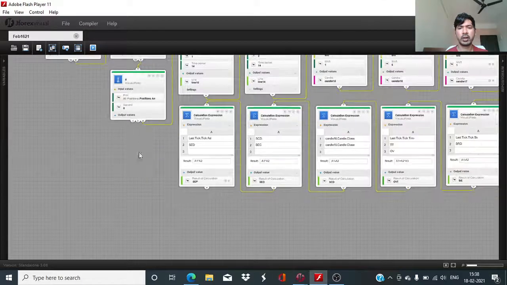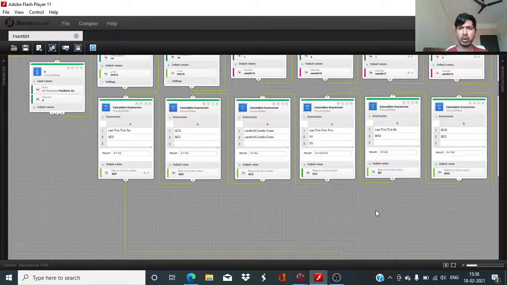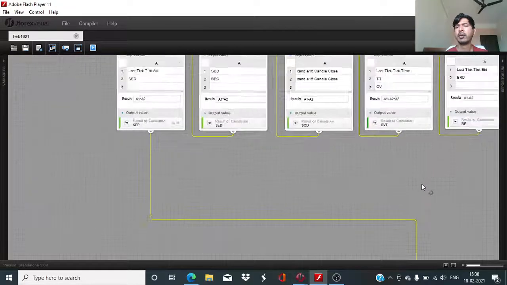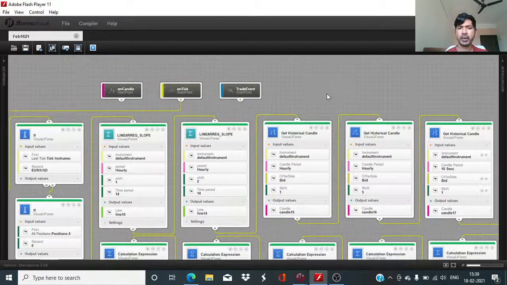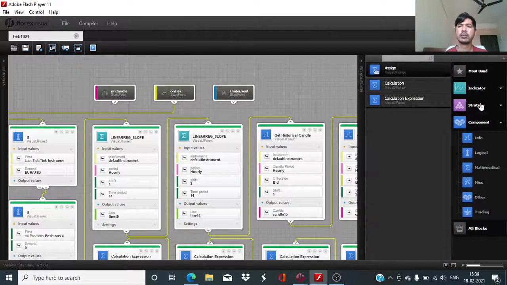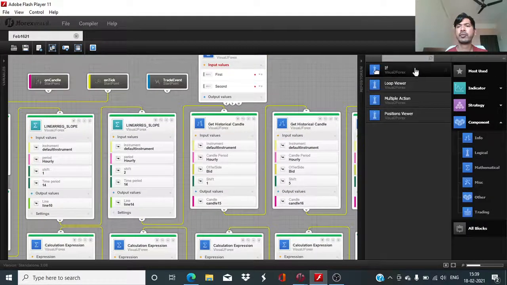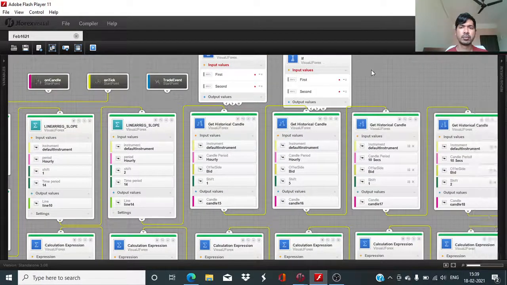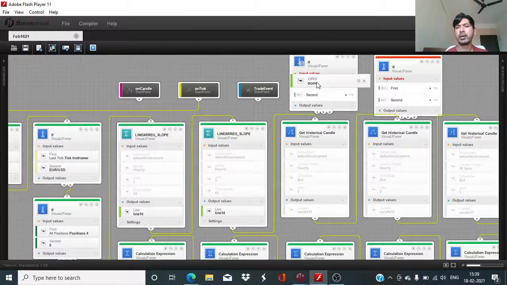now I can again connect it to multiple action and get a couple of if blocks to define the conditions. Logical if, here line 10 needs to be less than 0.